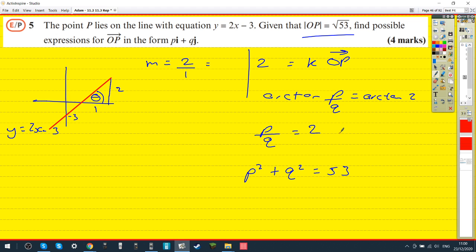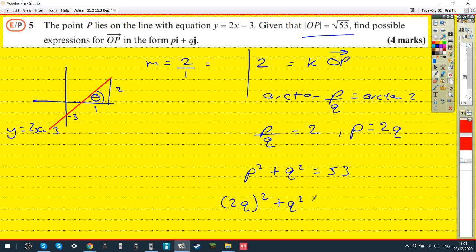So for this top one, what is P equal to in terms of Q, if you made P the subject? P equals 2 times Q. So P is 2Q, and so P squared is (2Q) squared.